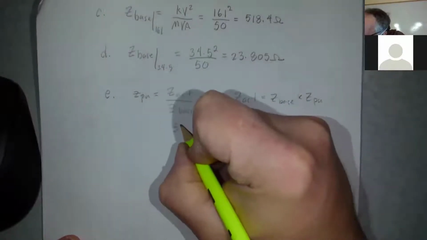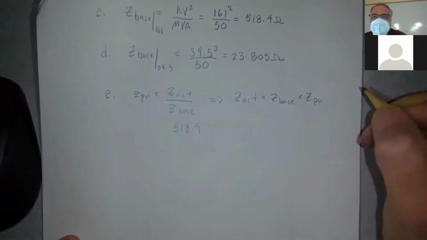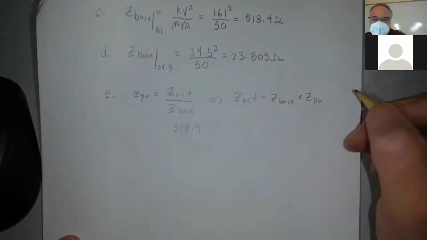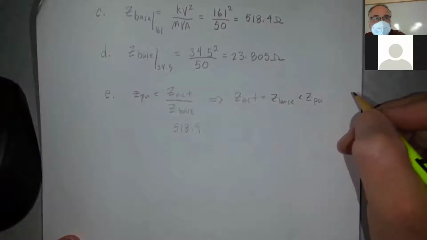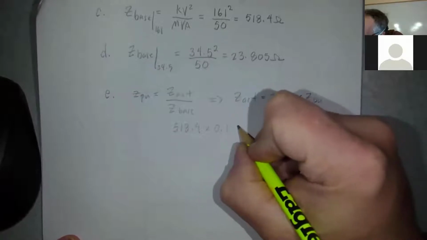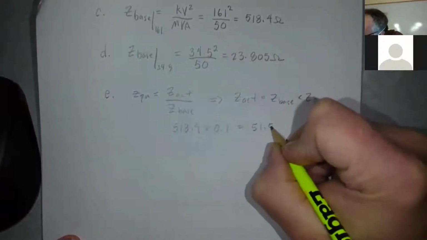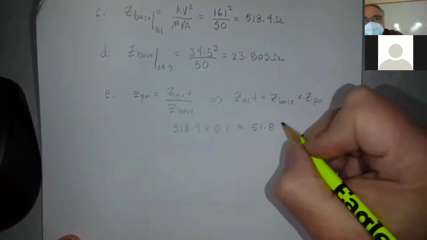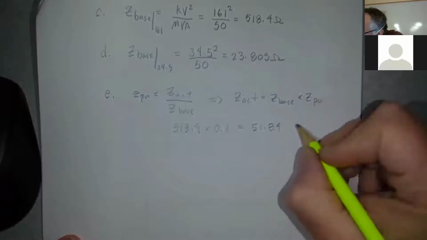Z base, we said 161 kV side is 518.4. So we get 518.4. And what is 10% in per unit? 0.10. There you go. So I think that's going to be like 51.84 ohms. That's about right.